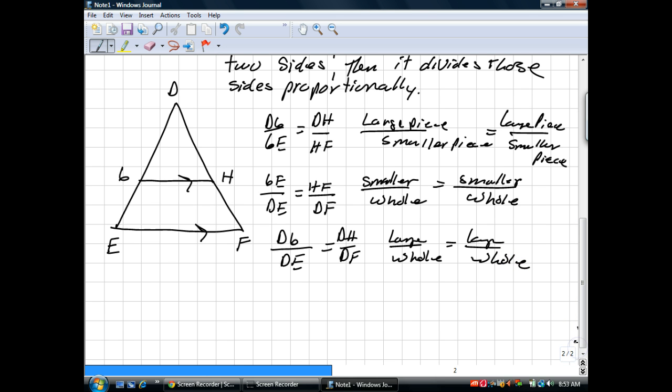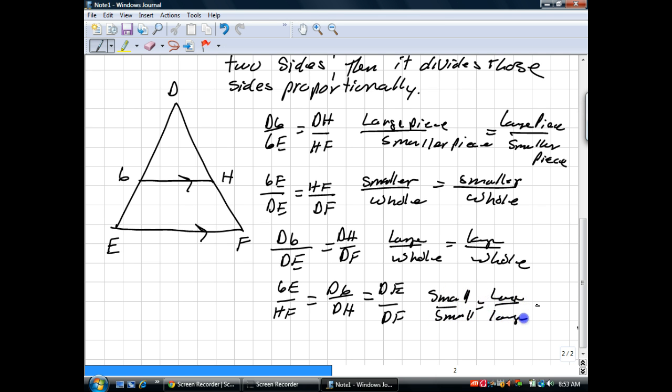And we could also do small to small, large to large, whole to whole. So we could do GE is to HF as DG is to DH as DE is to DF. So we did small is to small as large is to large as whole is to whole.